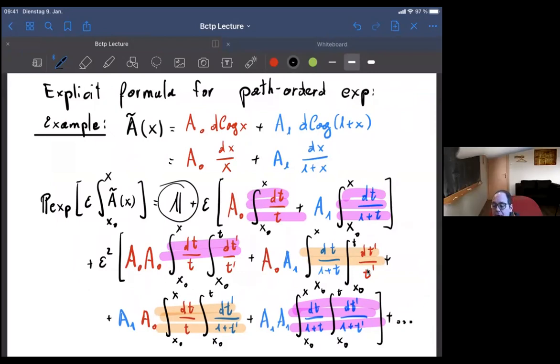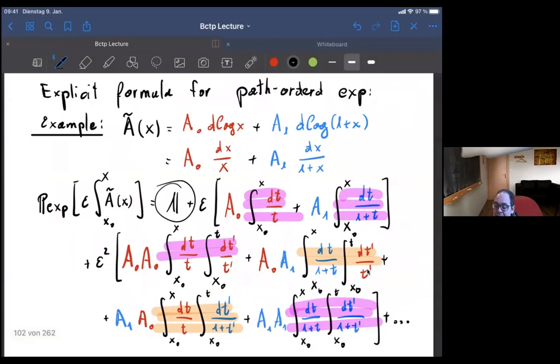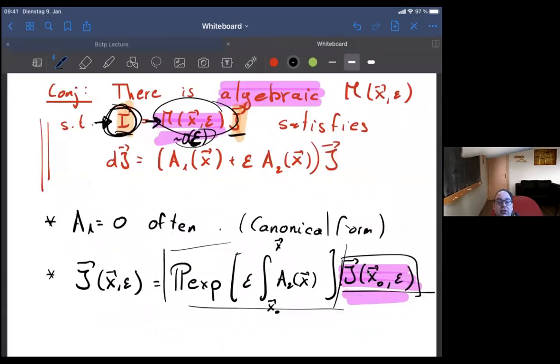At this point, the only thing you can say is, if you want to know your I, which is the integral you want to compute, or the set of integrals to compute, to a certain order in epsilon, you have to compute all the ingredients to sufficiently high orders so that it makes sense. We will see that you can predict the order to which you need to expand the path-ordered exponential.